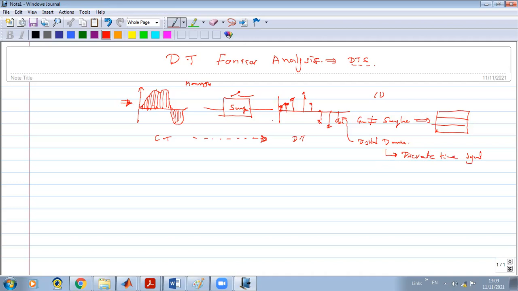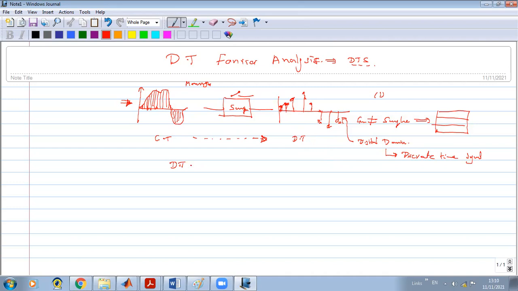That is why we are converting that continuous time signal into a discrete time signal, so that we can easily process those signals through electronic circuits. So now you can see we have some advantages of the discrete time signal.